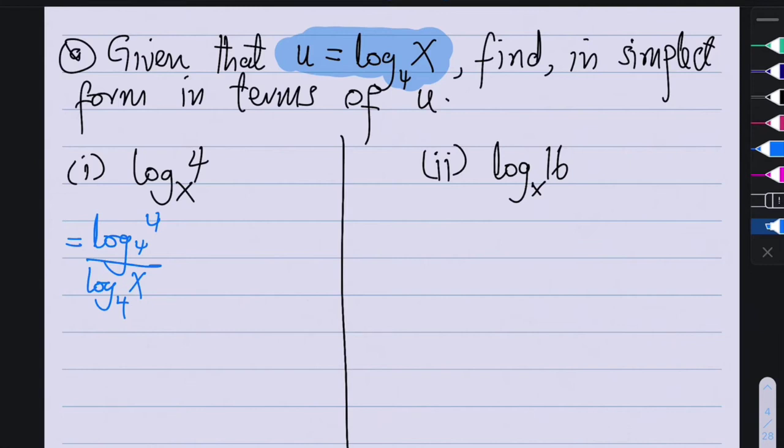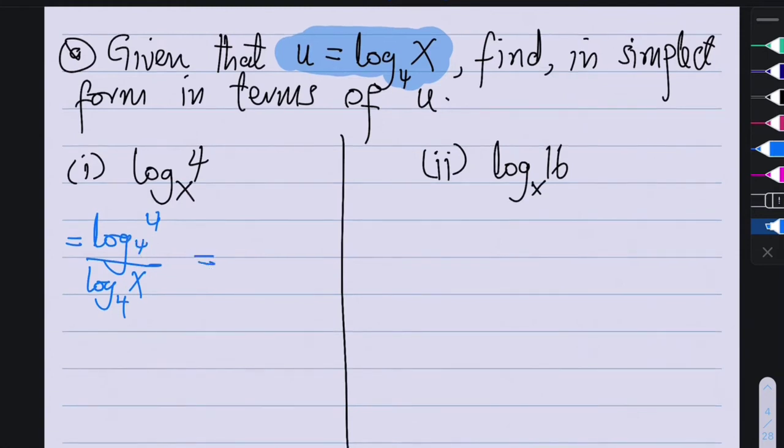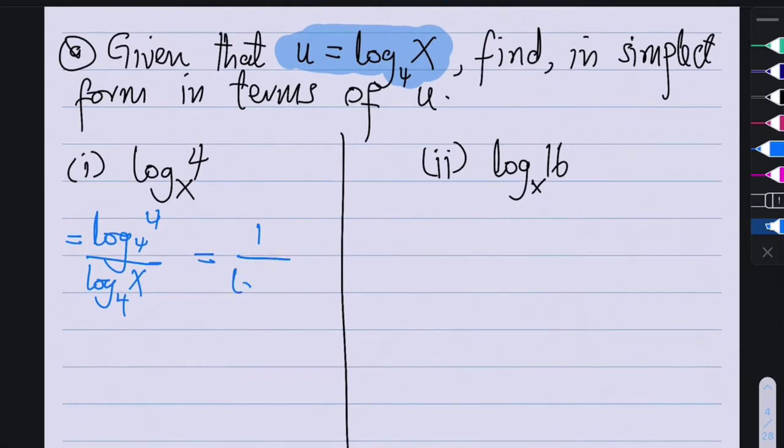Now there is a rule in logarithm that says the log of a value to the same base is 1. Therefore, we are going to have 1 over log x base 4. But ask yourself, what is log x base 4? Well, this log x base 4 is the definition of u. So right now we can say that this is the same as 1 over u.